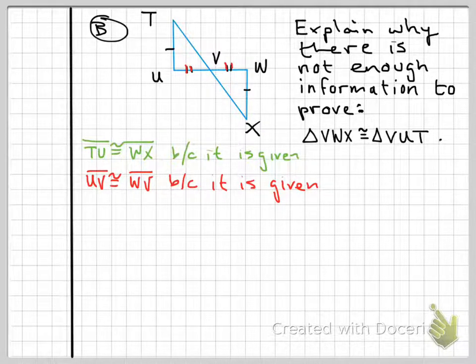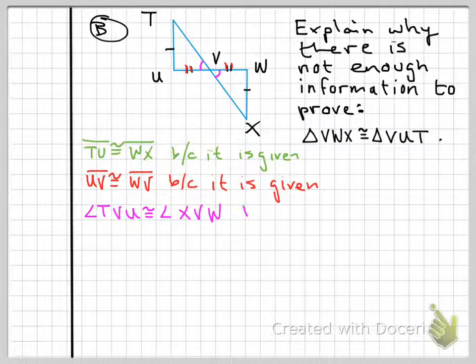And then there's one more piece of information that I can tell here. It's not drawn in yet, but I know that these two angles are congruent, so angle TVU is congruent to angle XVW.